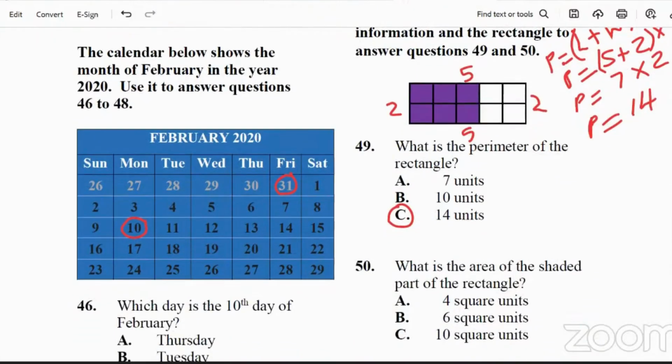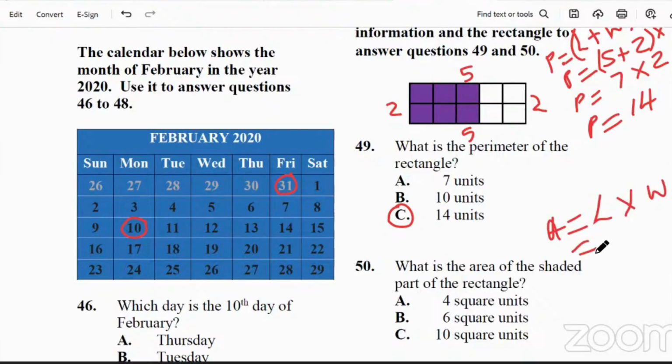All right, question 50 says, what is the area of the shaded part of the rectangle? The area of the shaded part, not the entire thing, just the shaded part. Okay, so what would be the length of the shaded part? It would be 1, 2, 3. So area is equal to length times width.